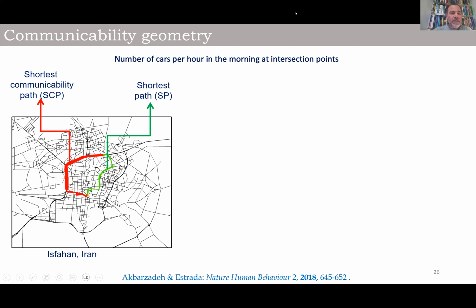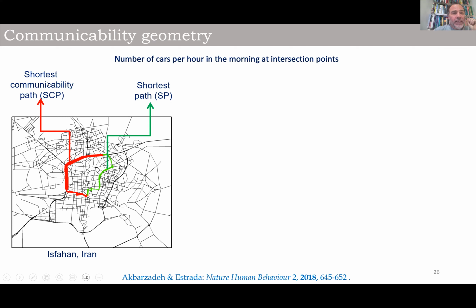This is a city, Isfahan in Iran, and we have here two randomly selected origin and destination in this city, and then we have experimentally measured the amount of traffic that occurs, and this is very important, in terms of cars per hour in the morning, so when you have the rush hour, at all the intersection points.